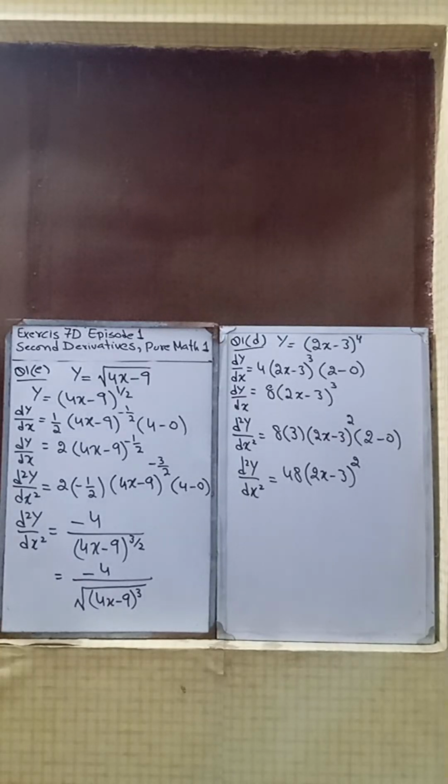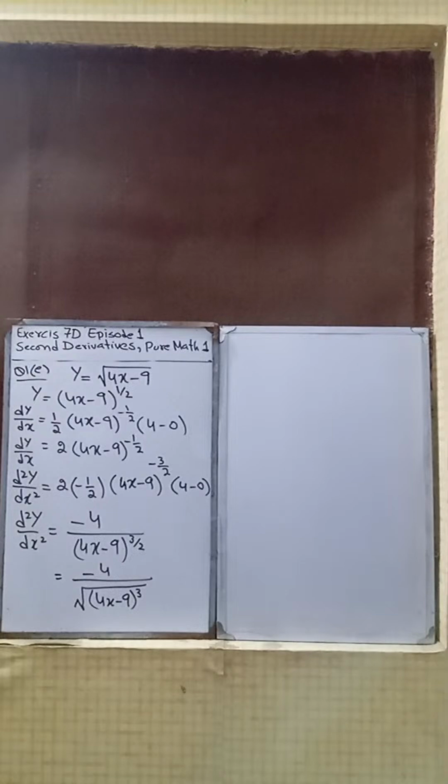I hope you understand this. We are doing exercise 7D, this is episode 1 on this exercise, in which we are finding the second derivative. Then we have question number 1, F part.